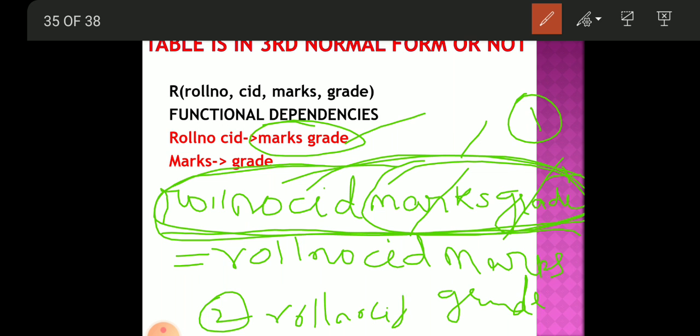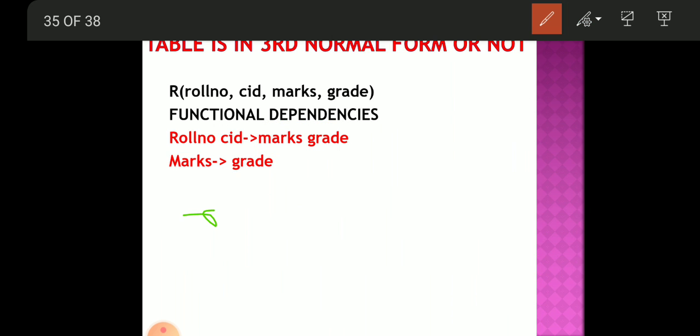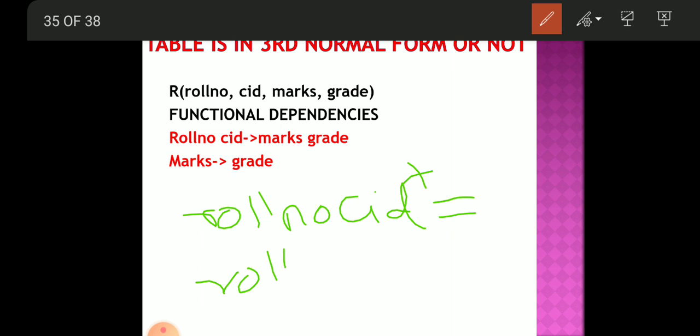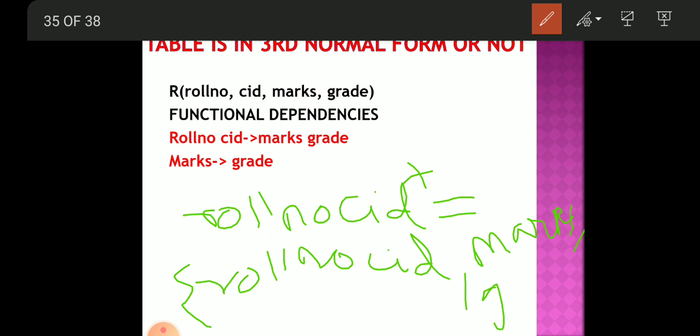So the next super key is roll number, CID. If we find the closure of that, we get roll number and CID due to the reflexive property. And according to the first functional dependency, if we have roll number and CID, then we can identify marks and grade.